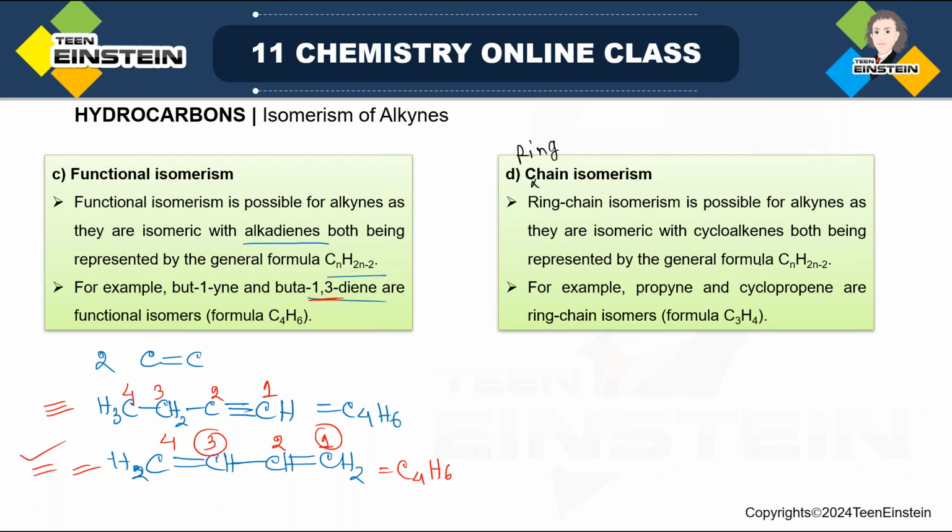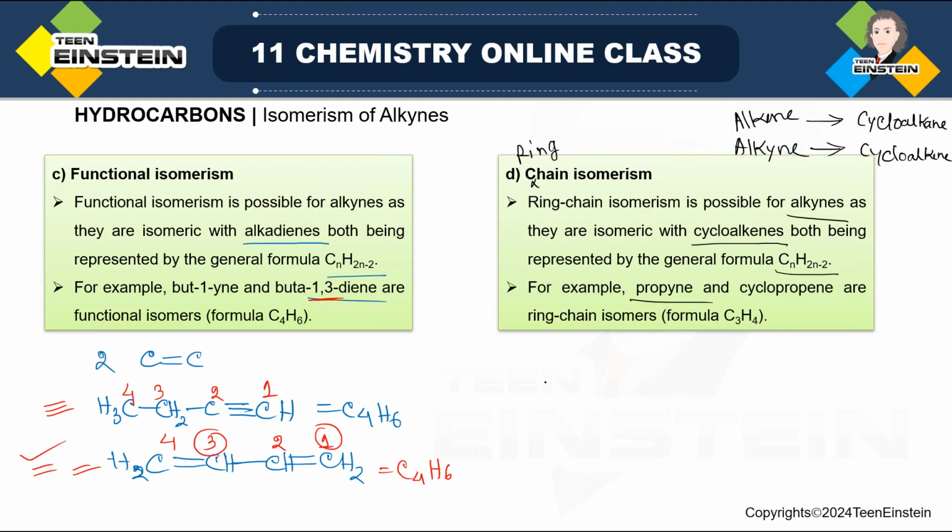It is again possible for alkynes because they are isomeric with cycloalkenes. Remember, when we discussed isomerism in alkenes, we saw that open chain alkenes are isomers of cycloalkanes. Similarly, open structure alkynes will be isomers of cycloalkenes. Both have the same formula.